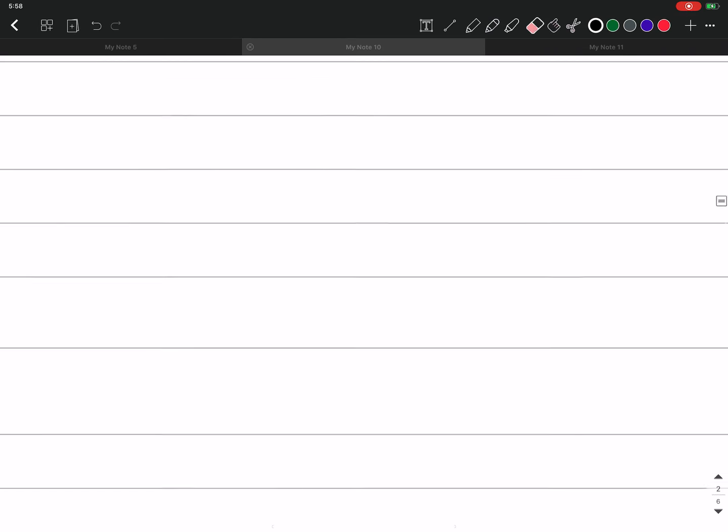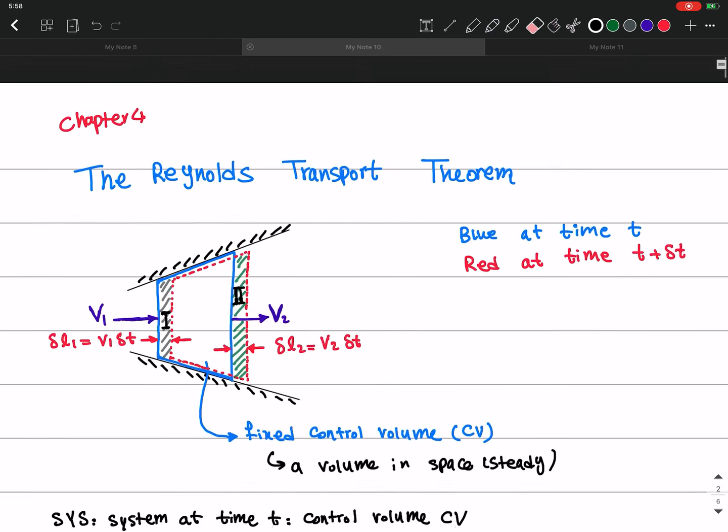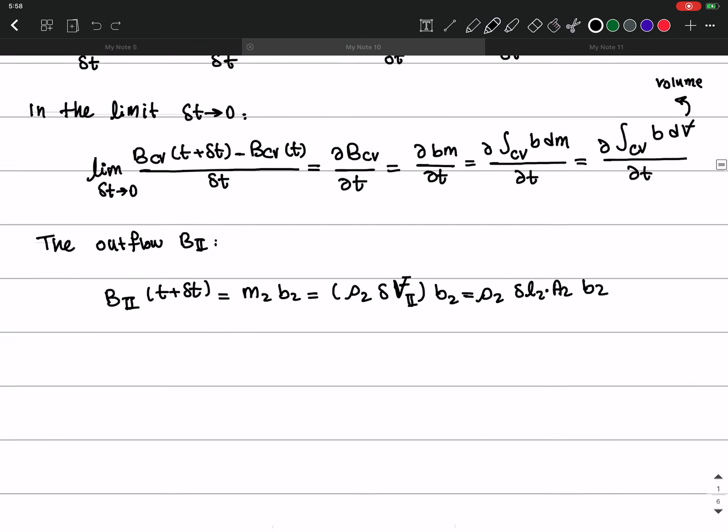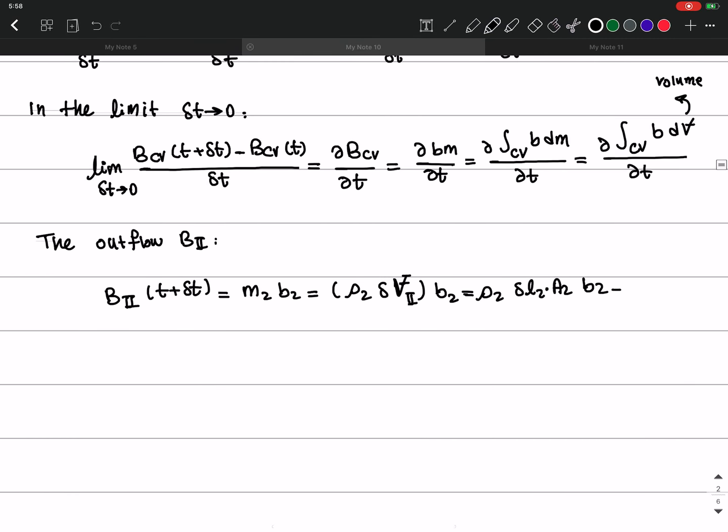And instead of delta L2, based on here, I'm going to write V2 times delta t. So this equals to rho 2 A2 V2 times delta t times b2.